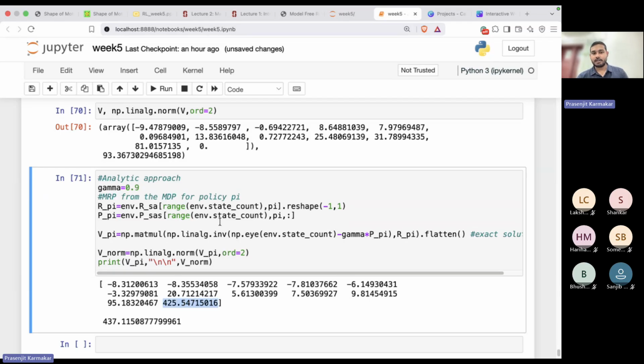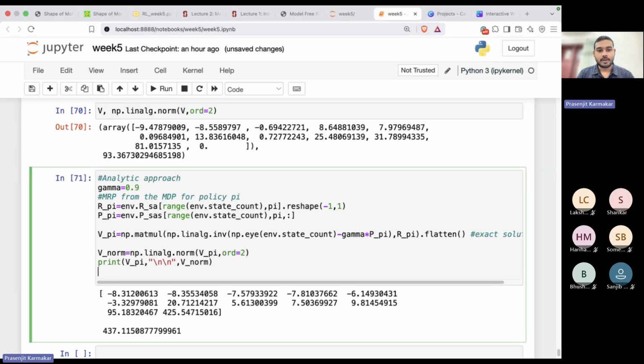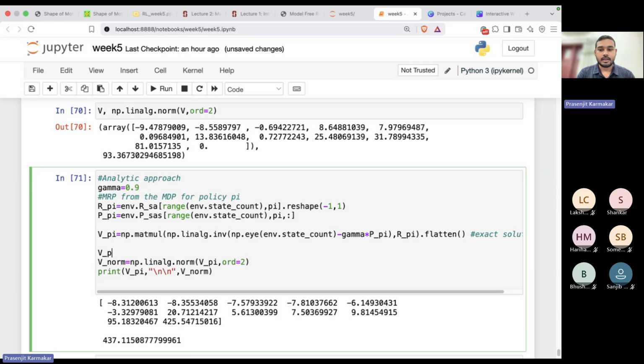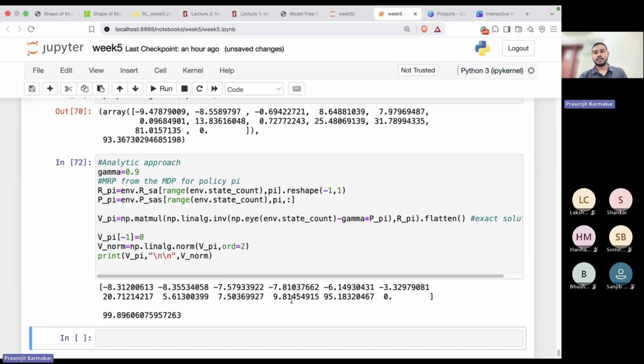For the exact value function, that has to be zero. Actually, it's wrong because in dynamic programming you can loop in that state, but in interaction you cannot loop in that state. So if I set V pi of the last state to be zero, see how close we are.